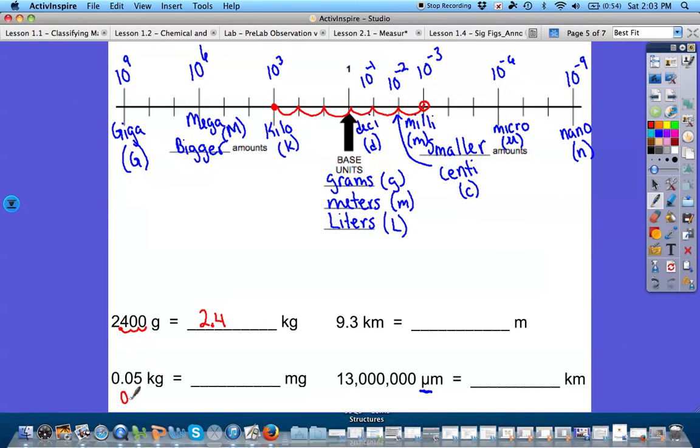So 0.05 kilograms is equal to 50,000 milligrams. Go ahead and pause the video and try the next two on your own.